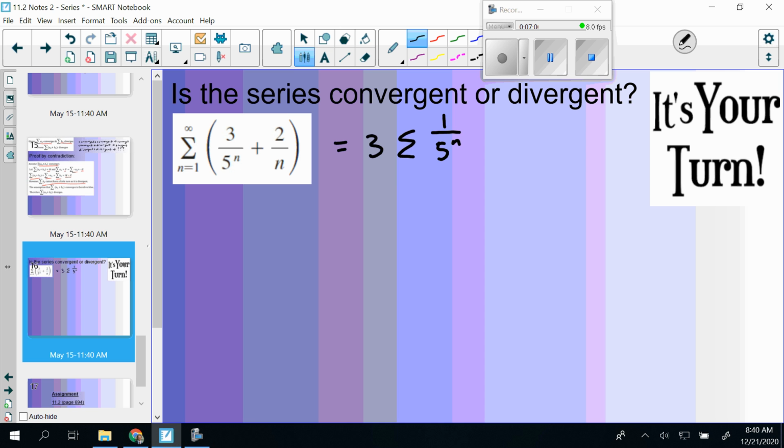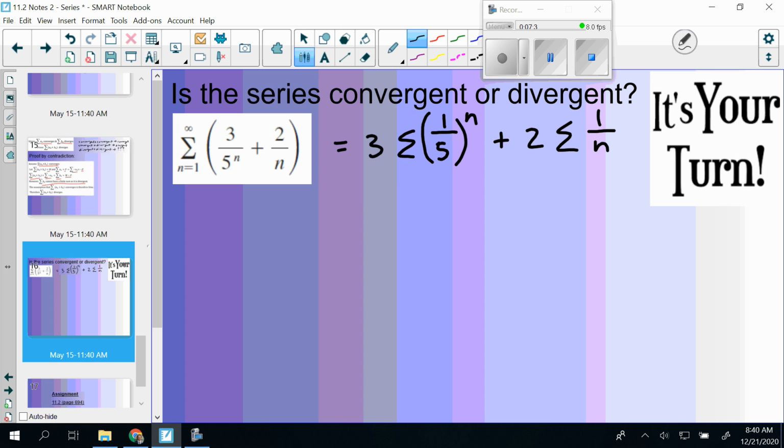And that now, taking that 3 out, because 1 to the n is the same thing, we could think of this as (1/5)^n. Plus, and this next one has a 2, so I'm going to pull the 2 out, and this would now just be 1 over n. So is this one going to be convergent or divergent?